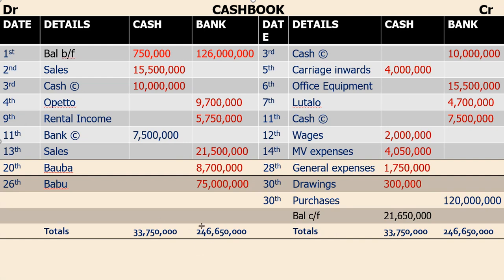But on the debit side, we have 246,650. So we subtract this figure from the total to get the balance carried down here: 88 millions, 950,000. So that one is the balance carried forward.